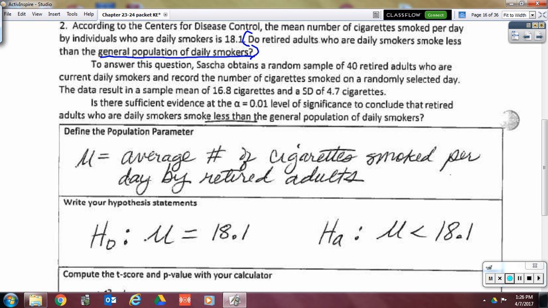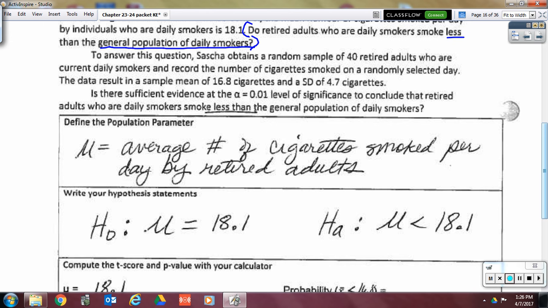They gave you the number for the whole population, and they wonder if retired is the same or less. So I'm going to make a statement about the average number of cigarettes smoked per day by the population of retired adults. If you do not have retired adults, then it's not correct, because I'm going to make a claim about retired and see if it's the same as everybody. It just says daily smokers.